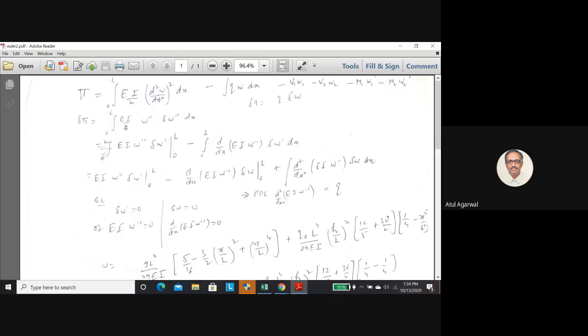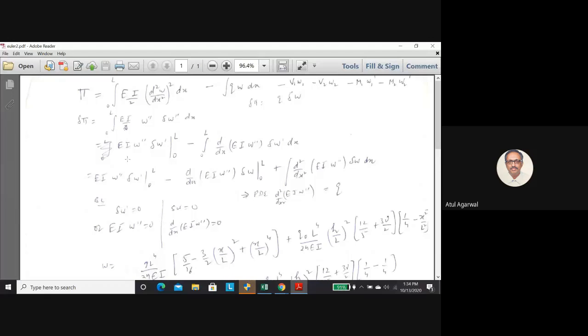Then what is the incremental change? Delta W double prime. And this will be minus Q delta W. Okay. So this is the variation in pi, the first order variation in pi.